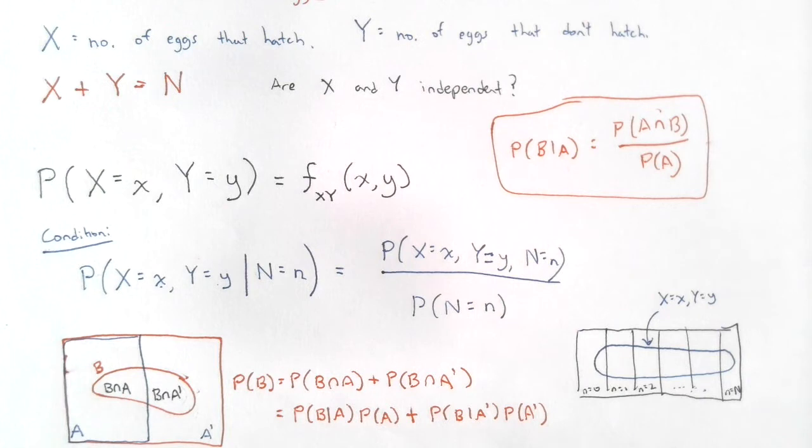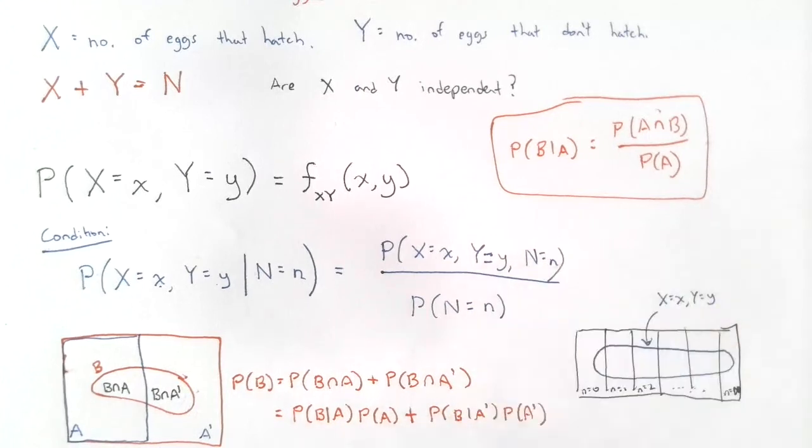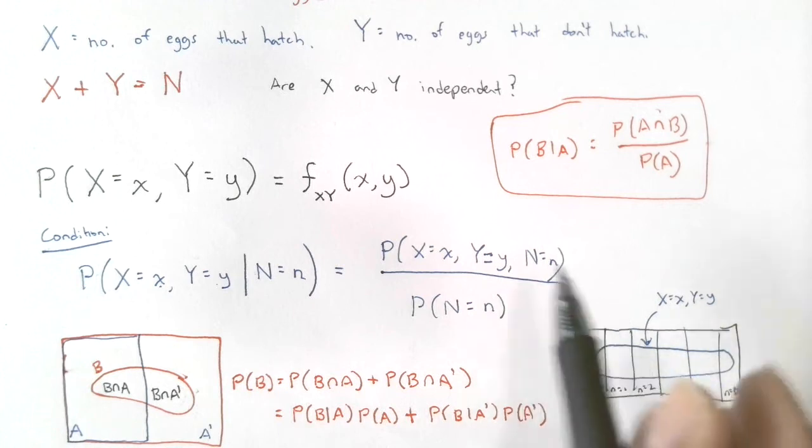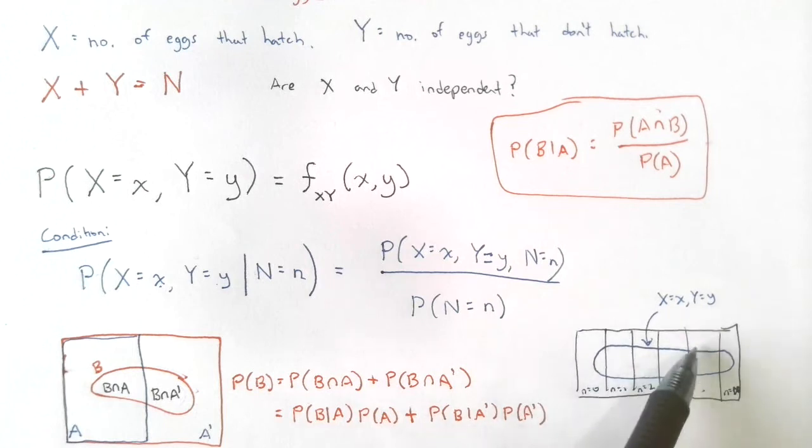So what I'm doing here is applying my total probability rule, but instead of just dividing my sample space into 2 parts, I'm dividing it into an infinite number of parts. Actually, instead of n equals N, I'm going to say n equals infinity. Because what we're looking for is the probability that x equals little x and y equals little y, but this probability is spread out between the intersection of that with n equals 0, but also n equals 1, n equals 2, n equals 3, all the way to n equals infinity.